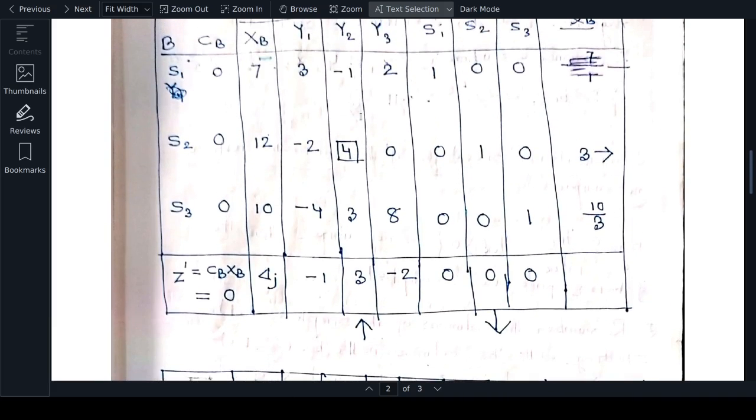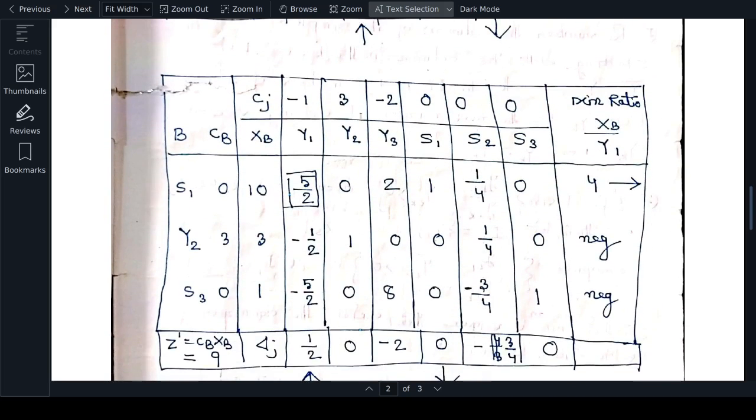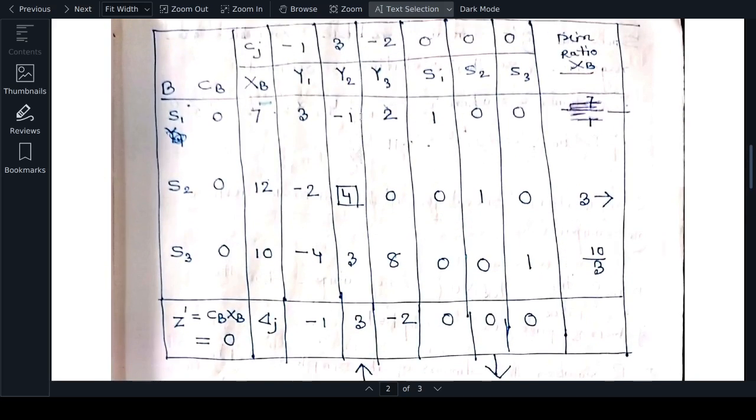So 7 minus. Then what is the corresponding element of the key column? So 0. -1. Good. -1.